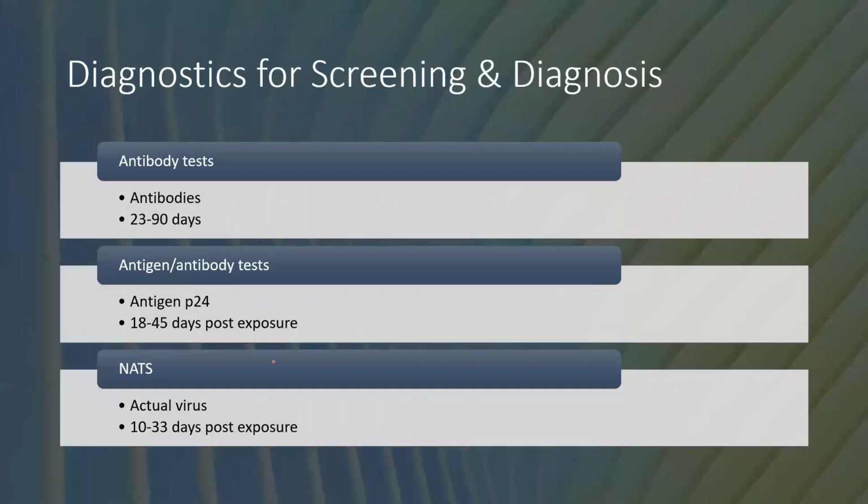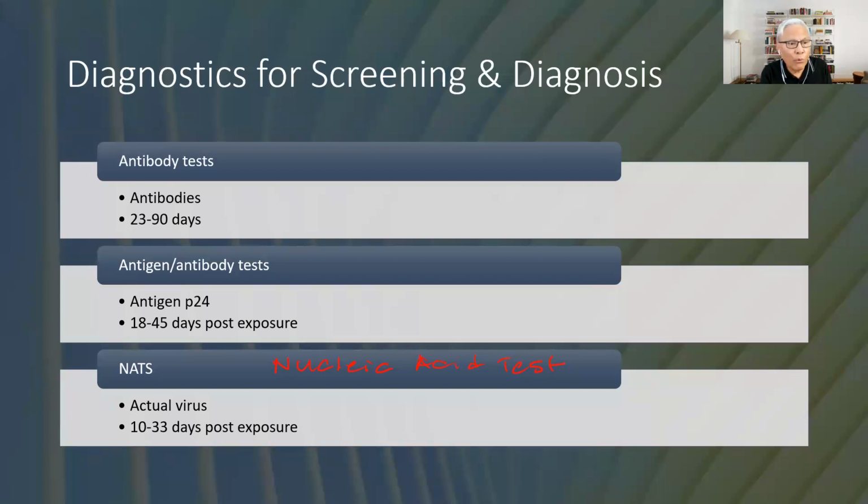And can more than one of these be done at the same time? It depends on the interest of the individual or the provider. If I want to know right away, for example, you come in and you had been exposed around, you said, 15 days ago, it would be foolish for me to have an antibody test, right? Because it would not be visible until around 23 days to 90 days.